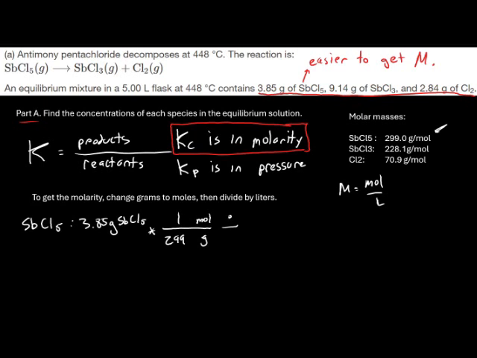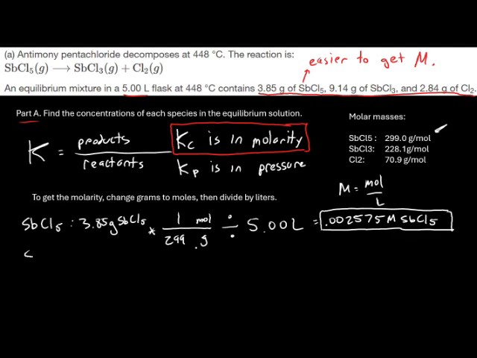Then we will divide whatever answer we get by our liters. And notice our liters are given as 5 liters. So take 3.85, divide by 299, and then divide that answer by 5. You can do this in a calculator. We will get 0.002575 molarity.